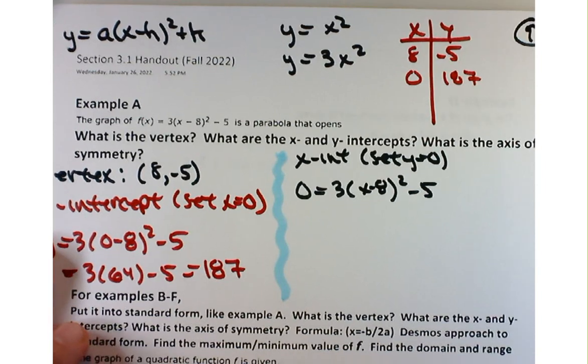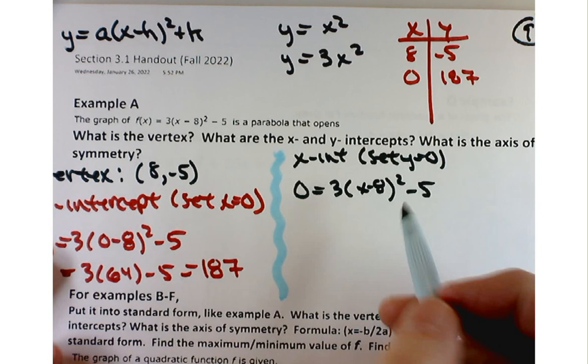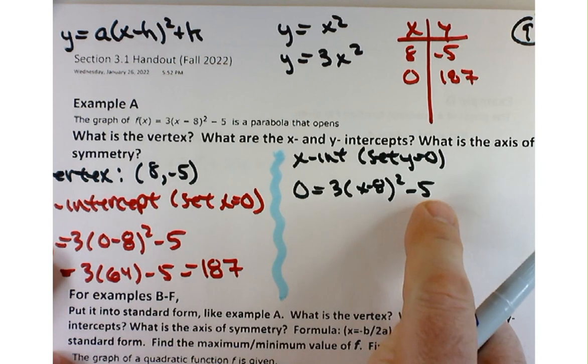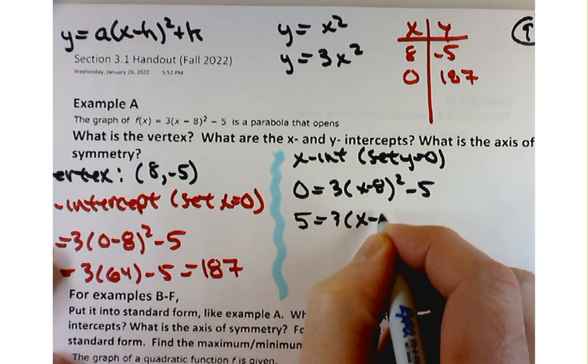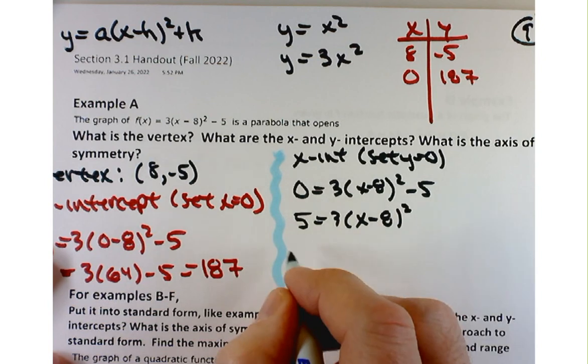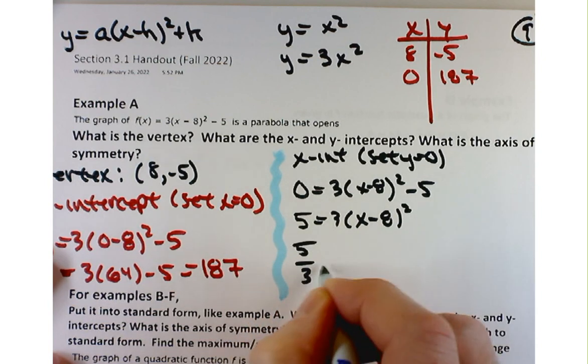Let me make a suggestion here for you. Because you've got this in this completed square form, let's take advantage of that. I'm going to move the 5 to the other side. 5 equals 3 times x minus 8 squared. Then I'm going to divide by 3.